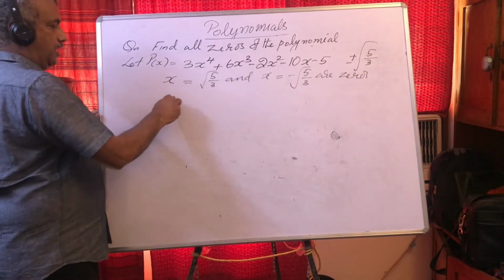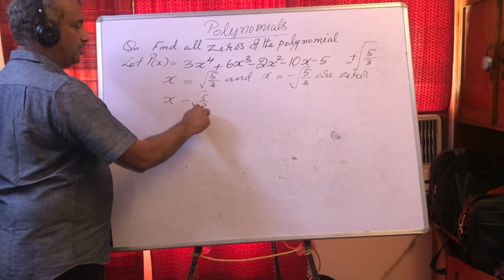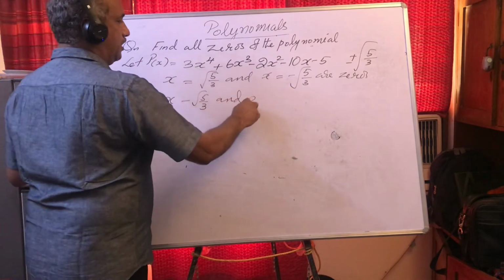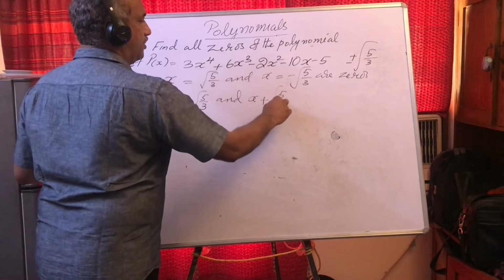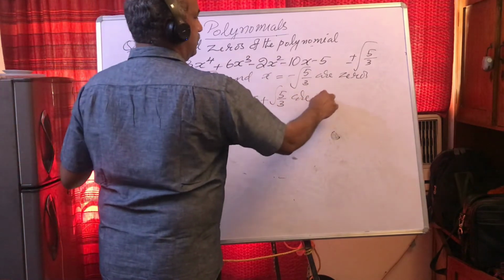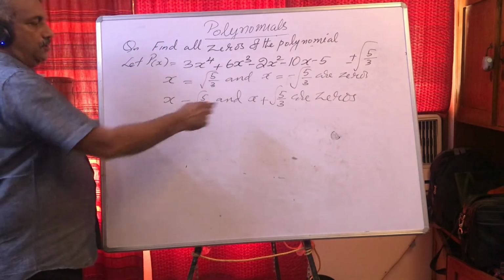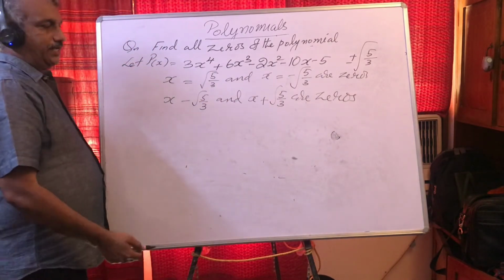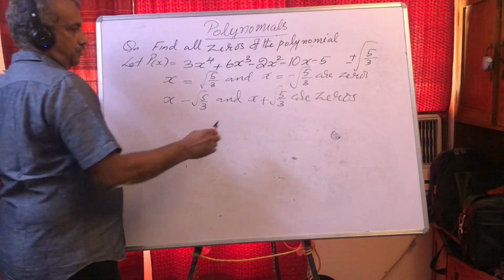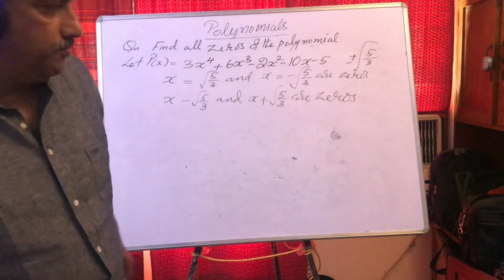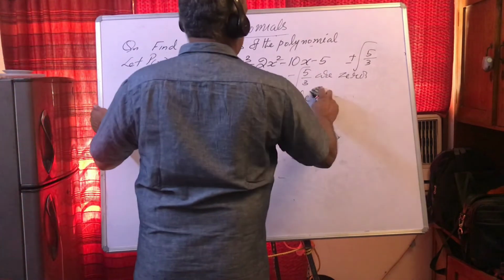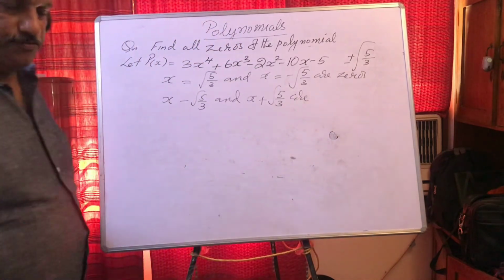So x minus root 5 upon 3 and x plus root 5 upon 3 are factors. Sorry, not zeros, factors only. By mistake I have written zeros; they are factors of p of x.